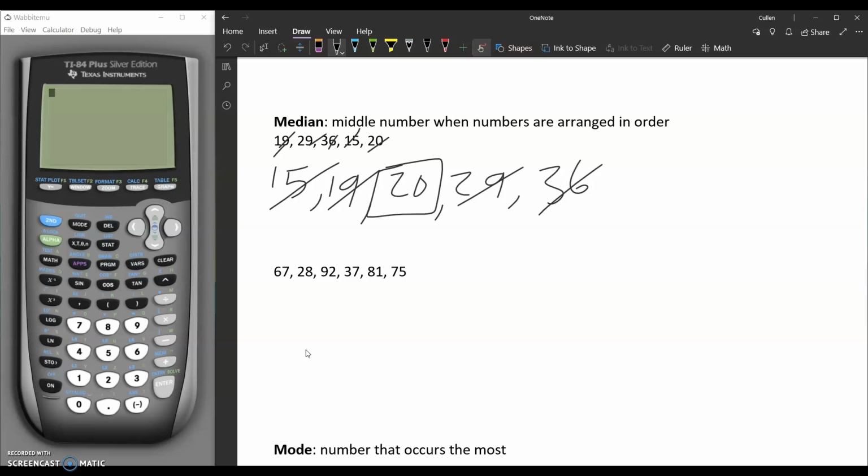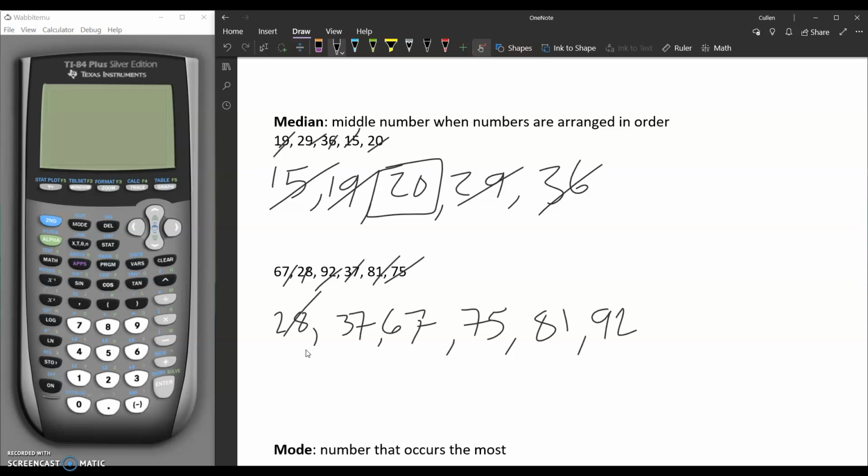There's really only one other situation we need to talk about with the median, and that's if you have an even set of numbers. Then you have two numbers that fall in the middle, and let me show you what you're supposed to do in case you don't remember. Let's write these out again too. We've got 28, 37, 67, and then 75, 81, 92. You cross these off on either side, and you get to the middle, and there's 2 crossed out on either side, and what you have in the middle is 2 numbers.